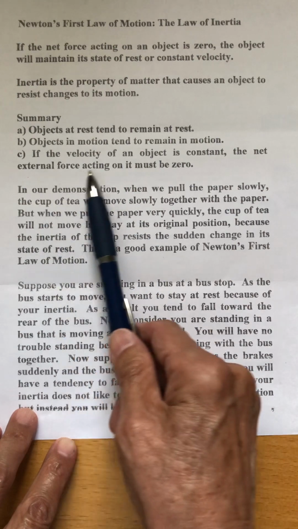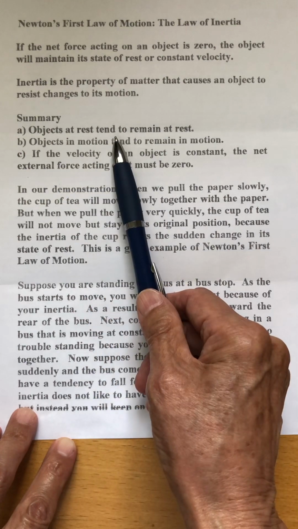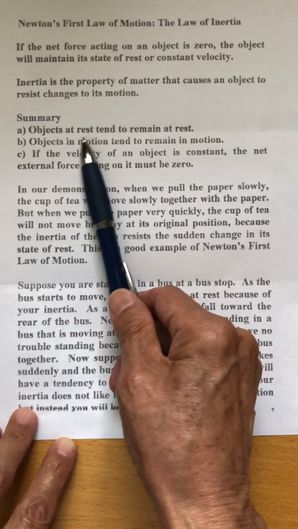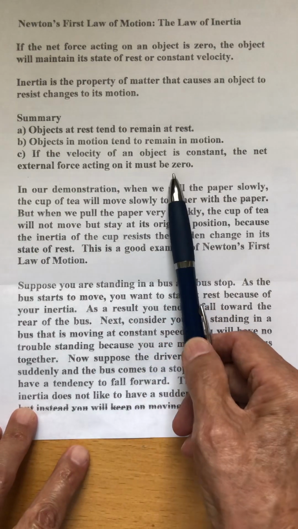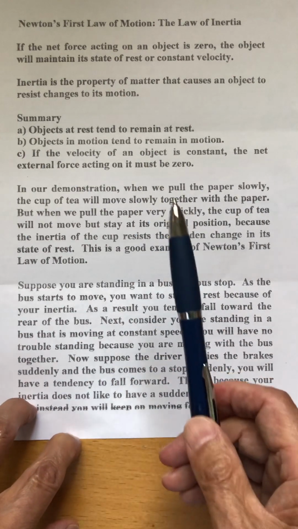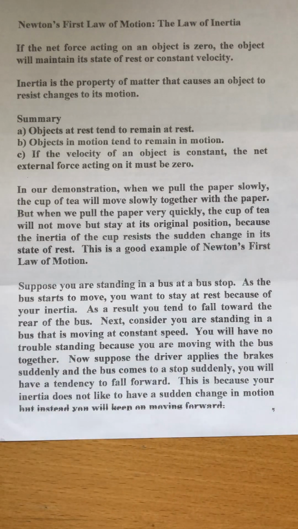If the net force on the object is zero, then if the object is already at rest, it will be at rest. If the object is moving, then it will be moving, but moving at constant velocity when the external net force is zero. So, if you see an object moving with constant velocity, you can conclude that the net force is zero.